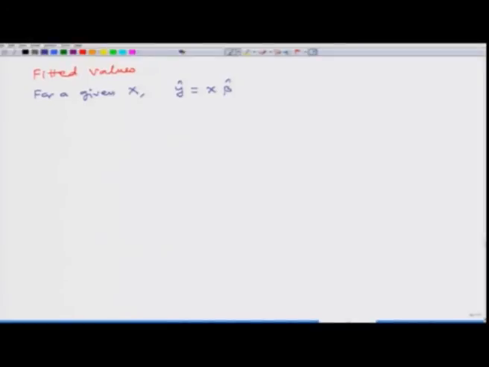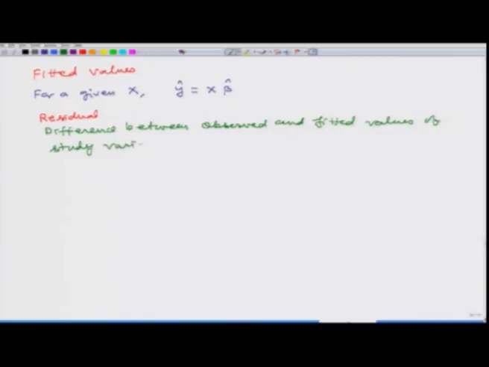Next quantity we are going to define is the residuals. During simple linear regression, we defined the residuals as the difference between observed and fitted values of the study variable.